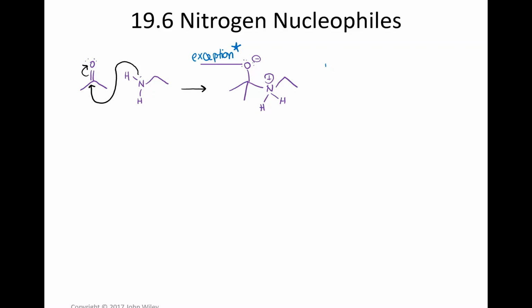So we can go ahead and draw. There definitely is some protonated primary amine because we are under acidic conditions.